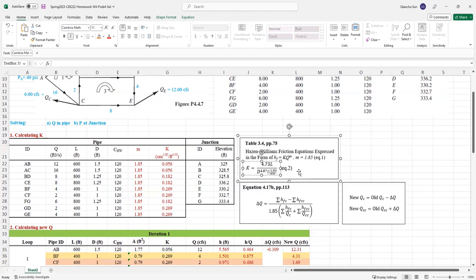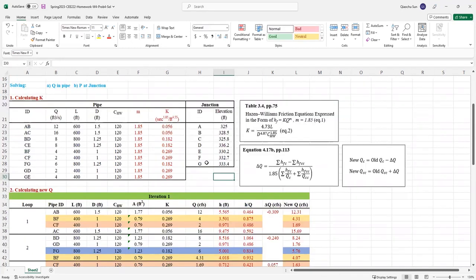Then we can apply the equation provided in table 3.4 to calculate the coefficient K, which is related to the length, diameter, and the coefficient for Hazen-Williams equation.